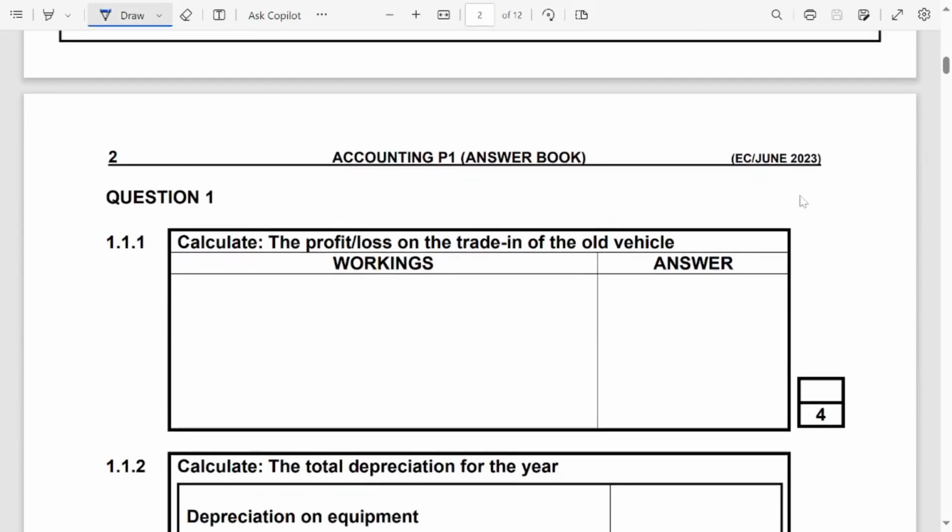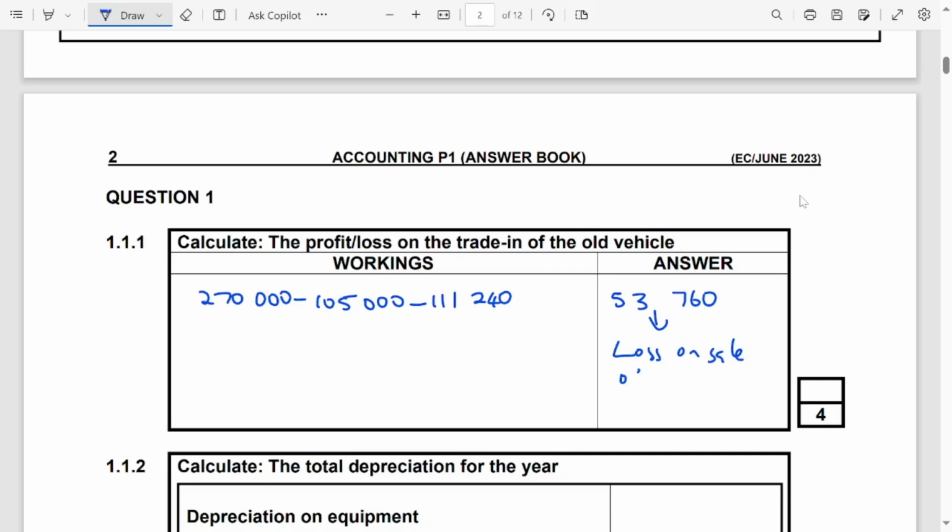270,000 minus 105,000 minus 111,240. So the answer here is 53,760, which is the loss on sale of the fixed asset.